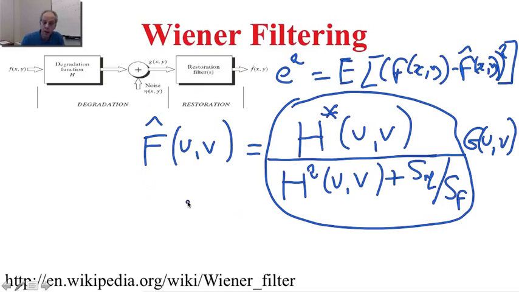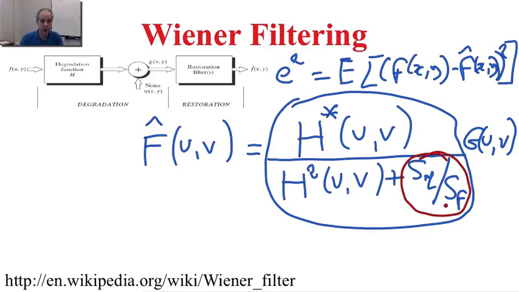So this is the ideal Wiener filter. And of course, you need to know this in order to be able to actually implement it. So most of the time, there's a very simple trick that is done. Instead of estimating this, it is basically replaced, and I'm going to use a different color.